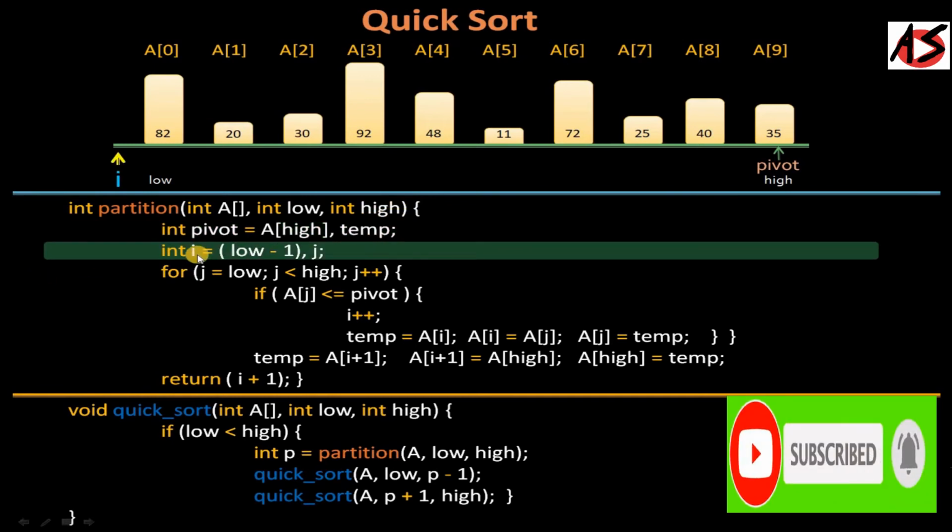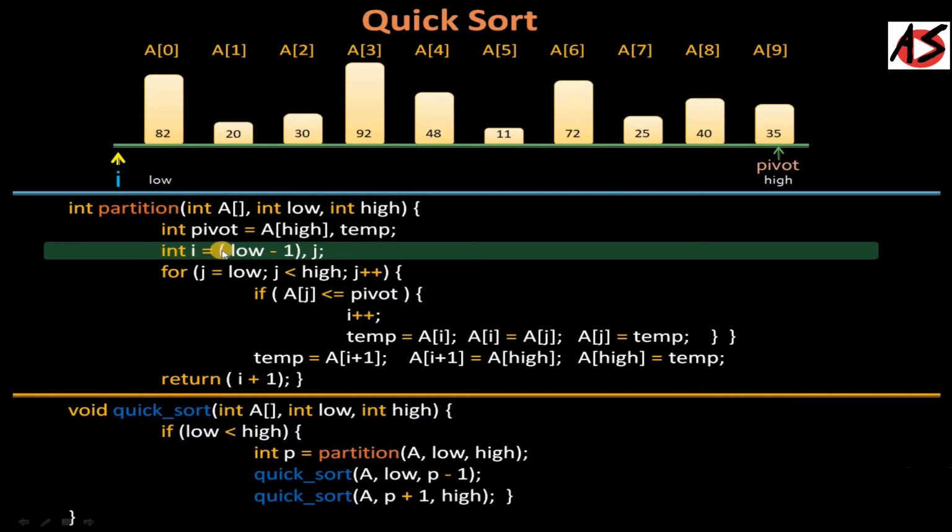Next, you take one variable i, indicating low minus 1. So here i represents minus 1 right now, and you take another variable j. We use the i variable to keep track of the bigger elements, and the j variable looks for elements smaller than the pivot.